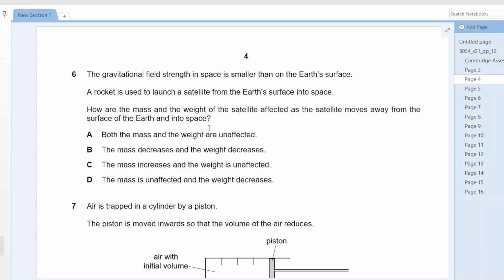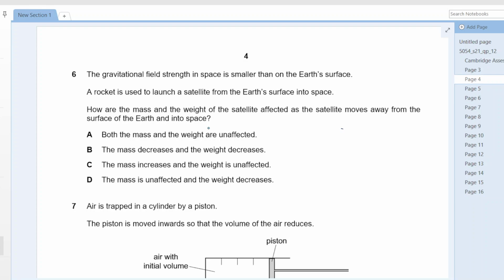How are the mass and the weight of the satellite affected as the satellite moves away from the surface of the Earth into space? As the satellite is launched, mass is the quantity that always remains unchanged, and weight depends on acceleration due to gravity.